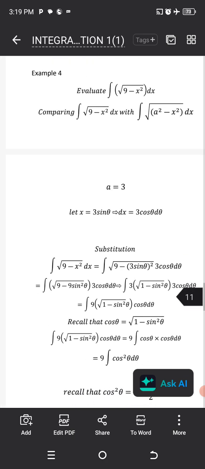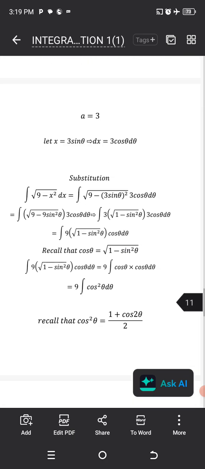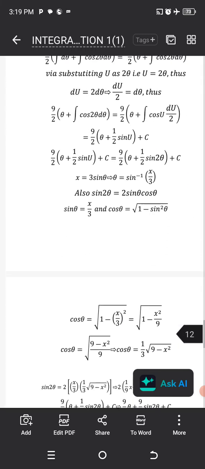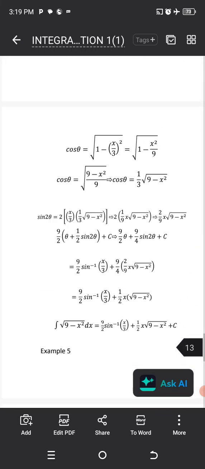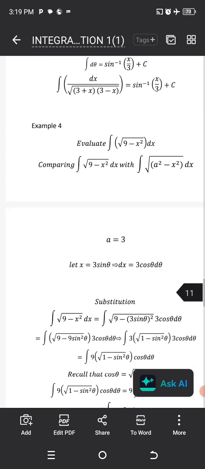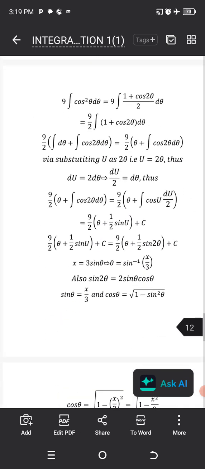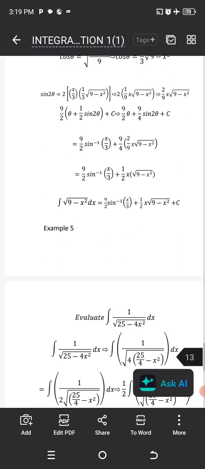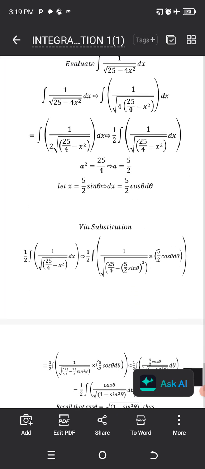So this is example 4, similar to examples 1 and 2. And this is the last example here, example 5. This is the solution. These are the steps. And the last example for this topic is example 5.